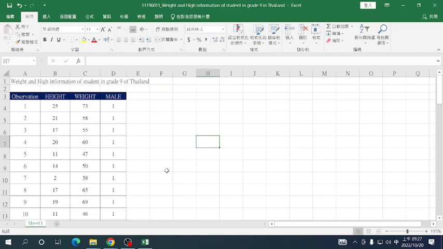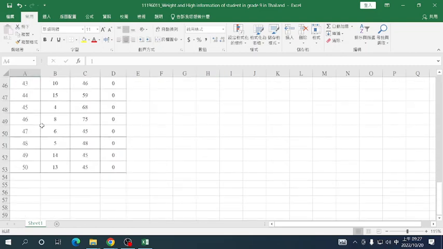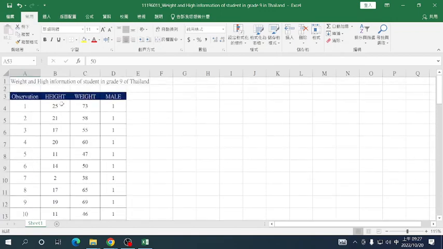So I have 50 observations, and I collected the data about height and weight and gender. Two genders are needed: one is male, the other is female. For male I put 1, and for female I put 0.